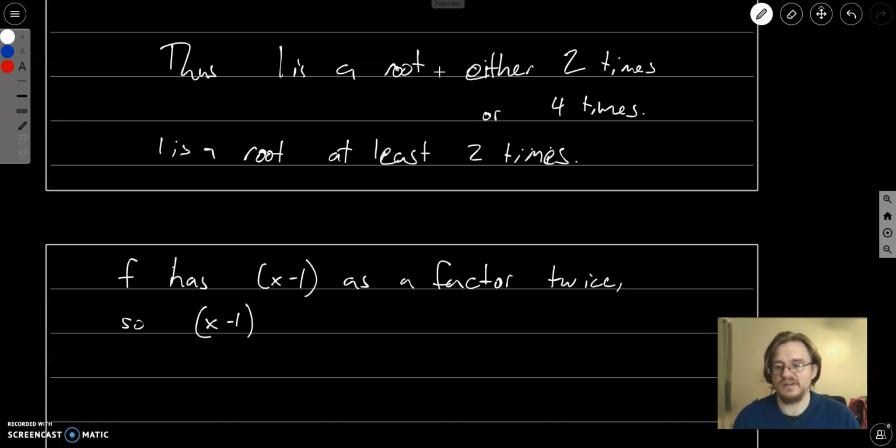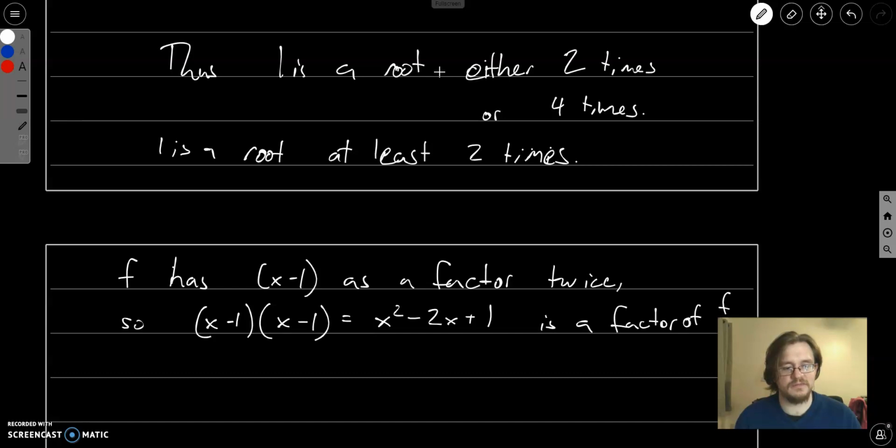So if I divide it by this and I divide it by this again, I should find that it's evenly divisible. Well, if I multiply this out, this is x squared minus 2x plus 1. So that means that this is a factor of f.